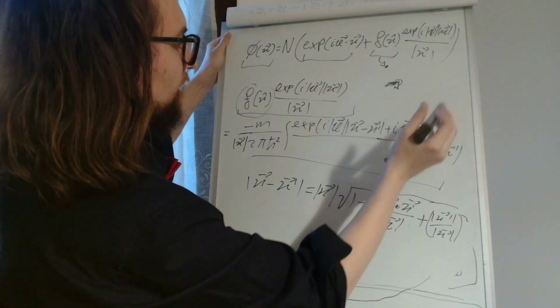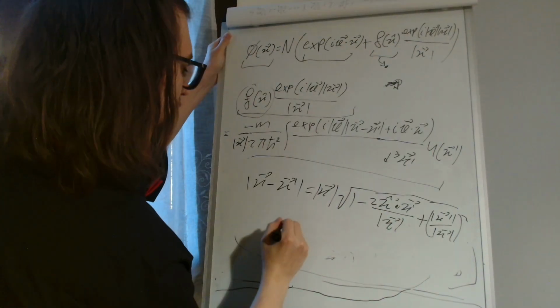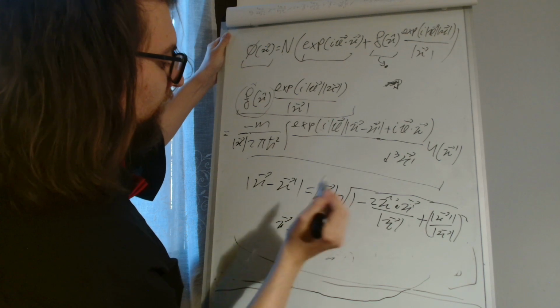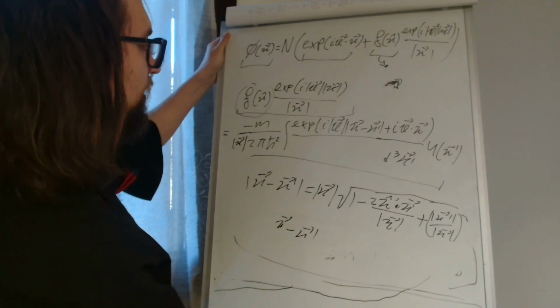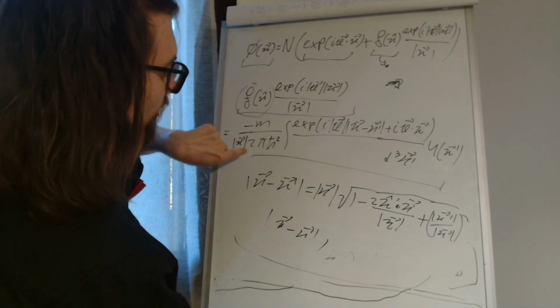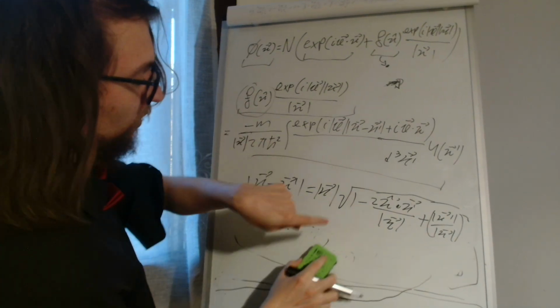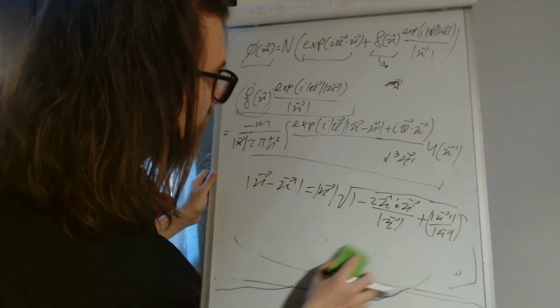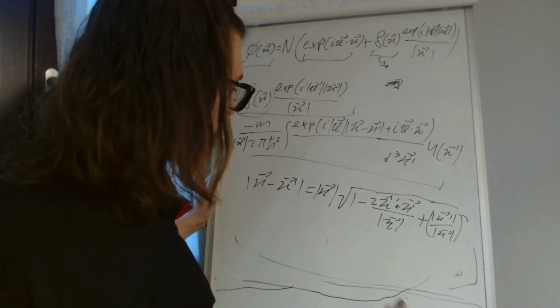So when you do the approximation x minus x prime far from the origin, it will approximate here with modulus of x, and here with the approximation which we are doing now for this ratio being very small.